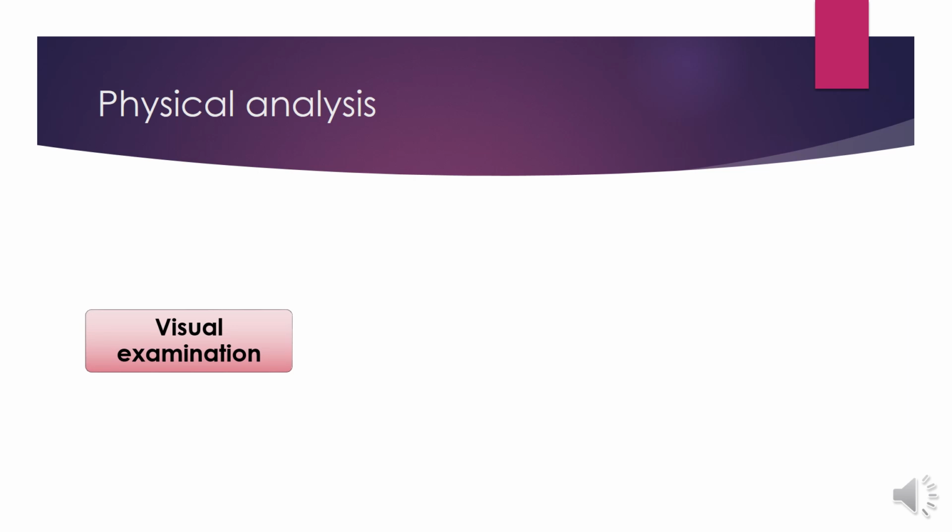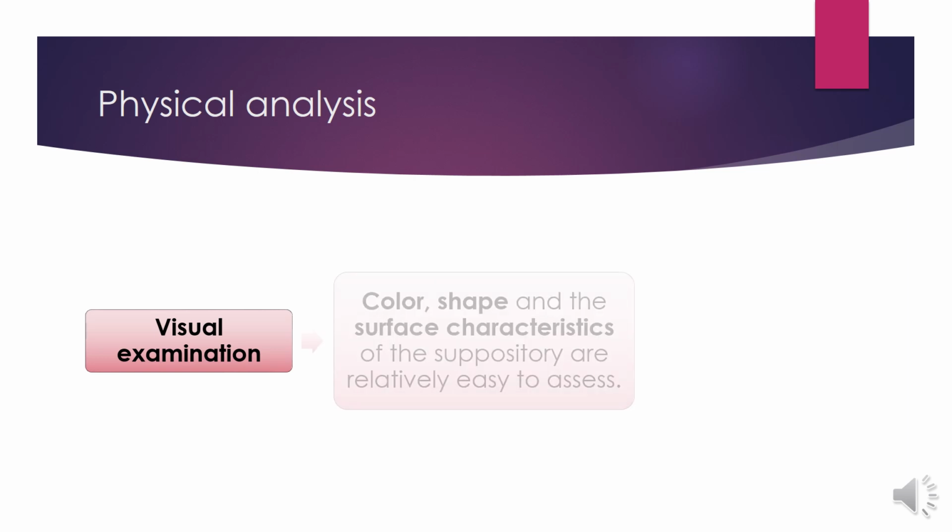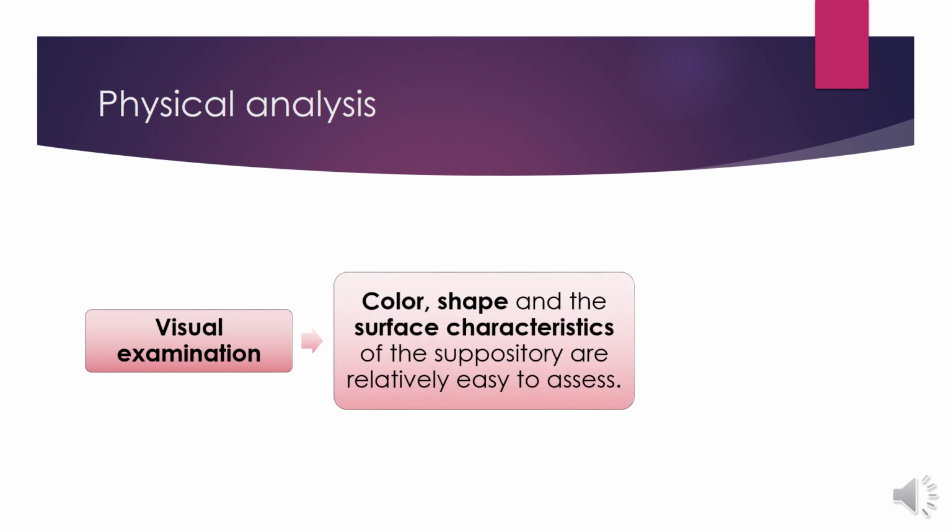So for this physical analysis or your appearance test, basically first thing we are going to check is the visual examination. So in that visual examination, basically we are checking the color, shape, and surface characteristics, the properties of the suppository that are obviously very easy to assess. So what type of the color and the shape or the surface characteristics are there?